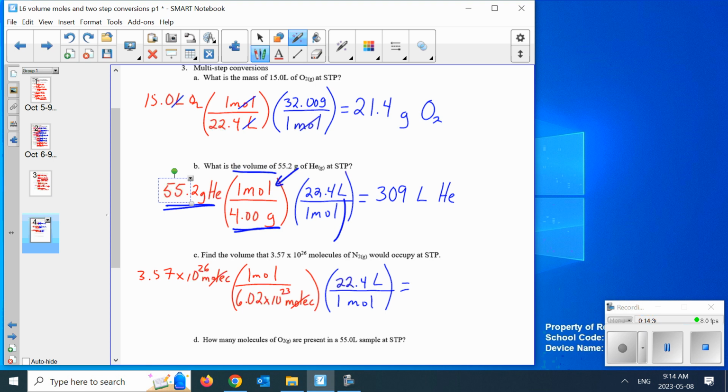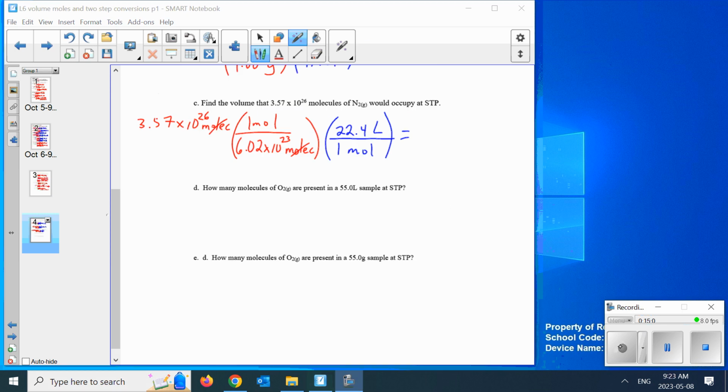We wanted volume, that's measured in liters, so we used our going forward. C. We were given molecules and we wanted to use volume. So we use 6.02 times 10 to the 23 molecules on the bottom there to cancel out the molecules. Got moles. Cancel moles with the next bracket. Leave that one.